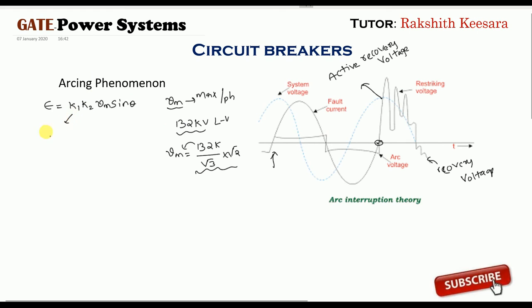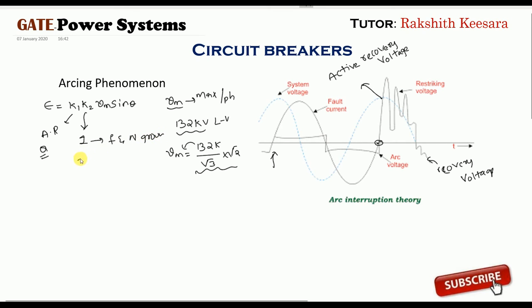And K1 is the armature reaction component. He will mention it in the question. Next, the K2 value we should find out. If fault and neutral both are grounded, then K2 will be equal to 1. K2 is 1 when fault and neutral are grounded.